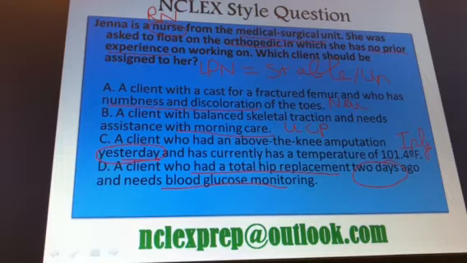With A, we're not going to take this answer just because this may indicate something neurological and she has no prior experience handling these situations. We're also going to take C out because this patient has an infection and needs to be further assessed.